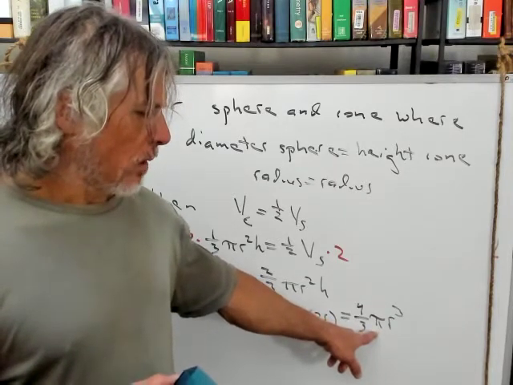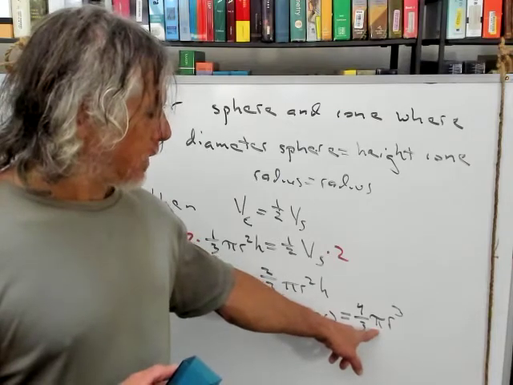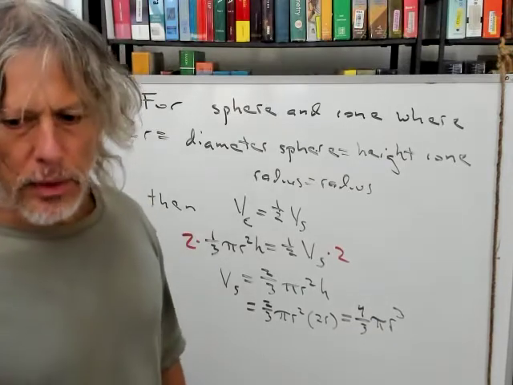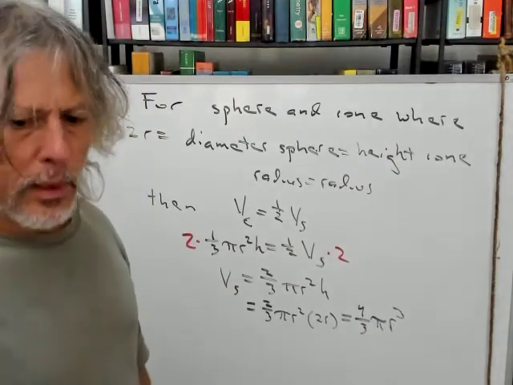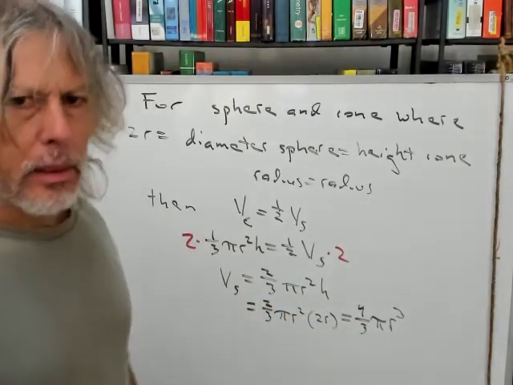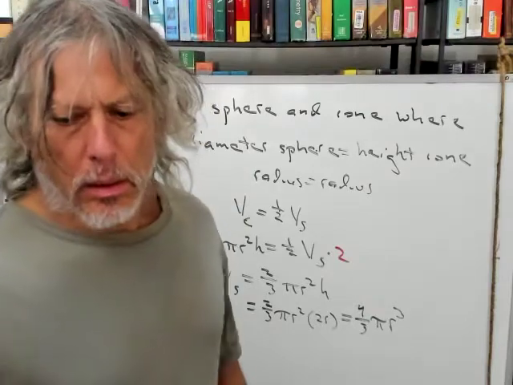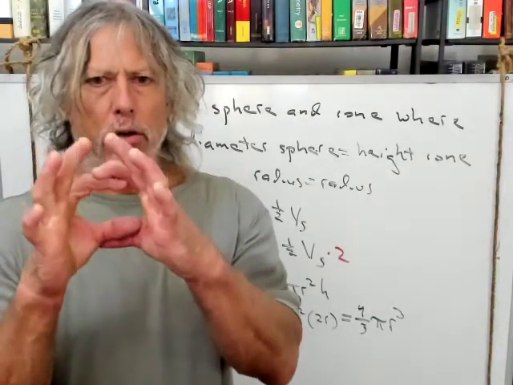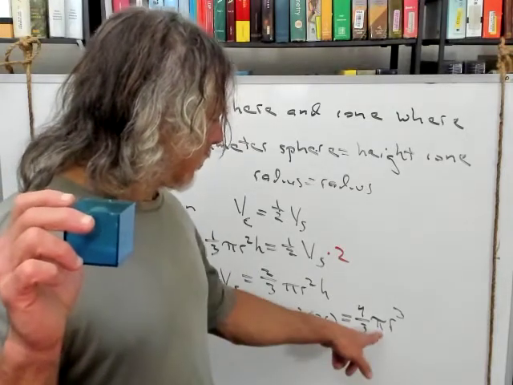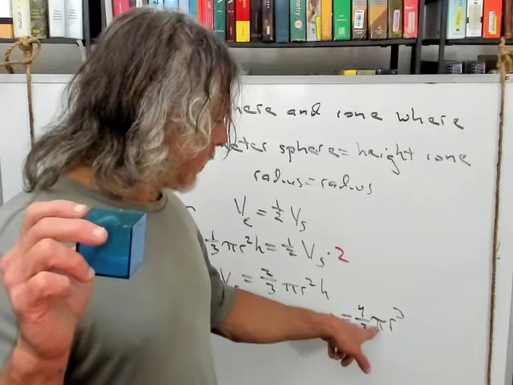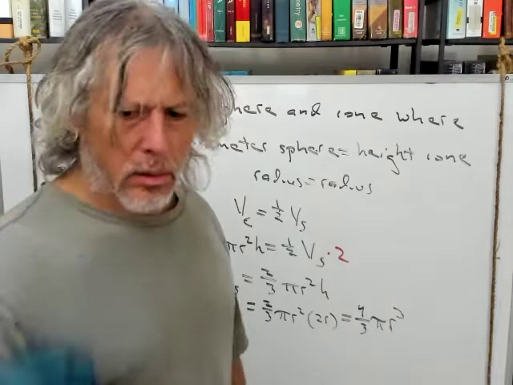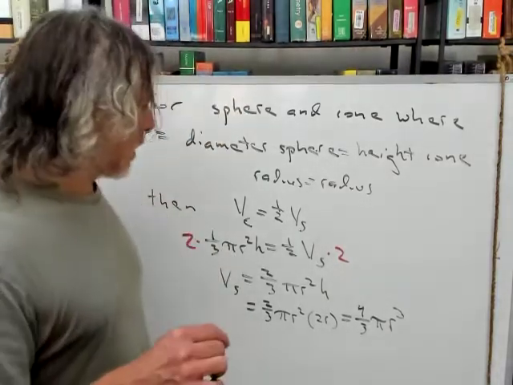So about 4 1/6 as big as this, if it's r by r by r using the radius. In other words, you get the sphere, and you get the radius and make little cubes. Then about 4 of these would be the volume of the sphere, if that makes sense.